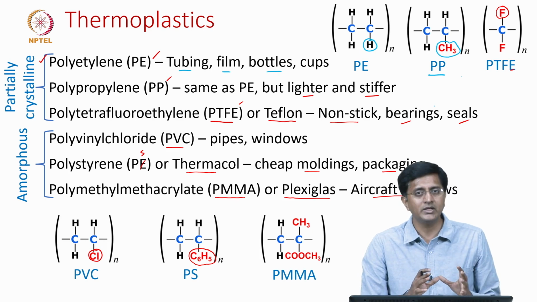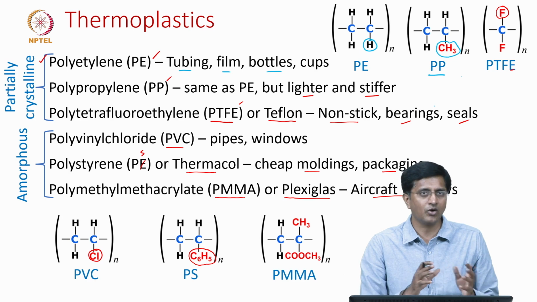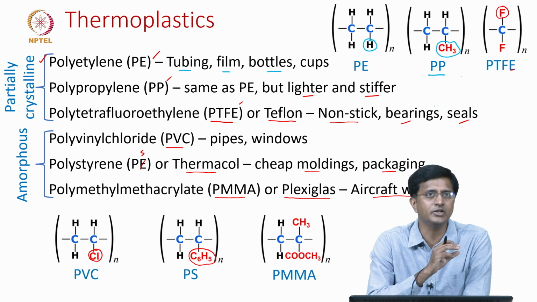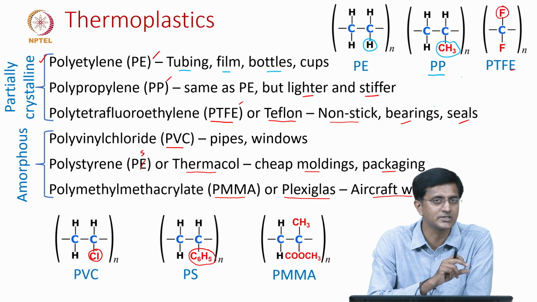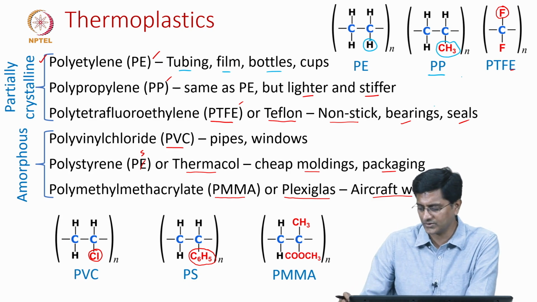So not all thermoplastics are partially crystalline, nor are they all amorphous. They vary depending on their chemical structures. If the chemical structures are simple, they fall into the partially crystalline category, whereas if the chemical structure is slightly more complicated, they follow these amorphous forms.